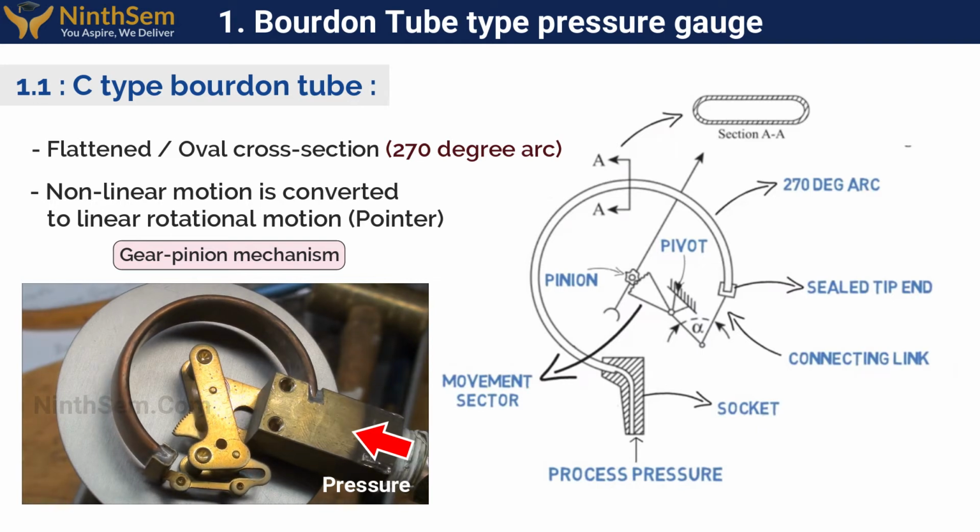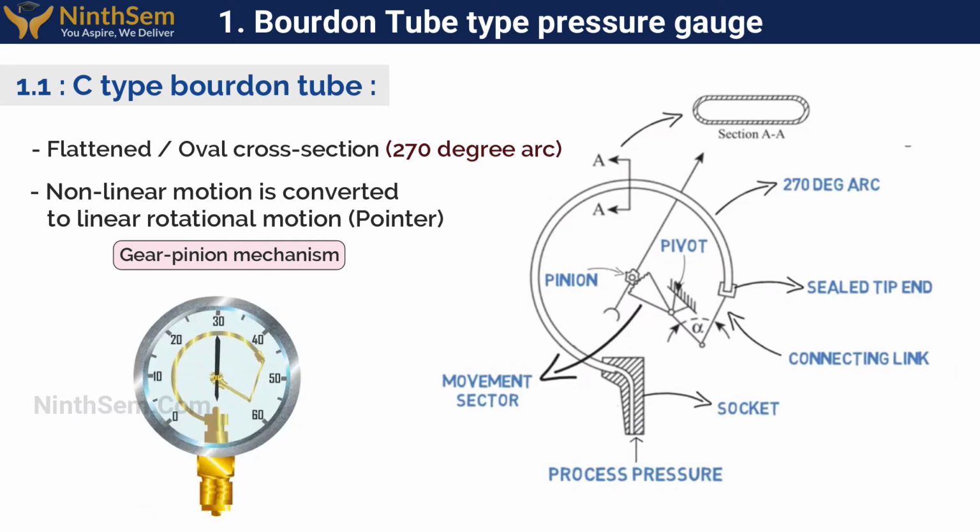When the C-type Bourdon tube straightens, the sealed tip end moves, so the connecting link attached to it moves, and the entire gear mechanism through the spindle is in motion. A pointer attached to it moves over a scale, which shows us the reading of the pressure of the process fluid.